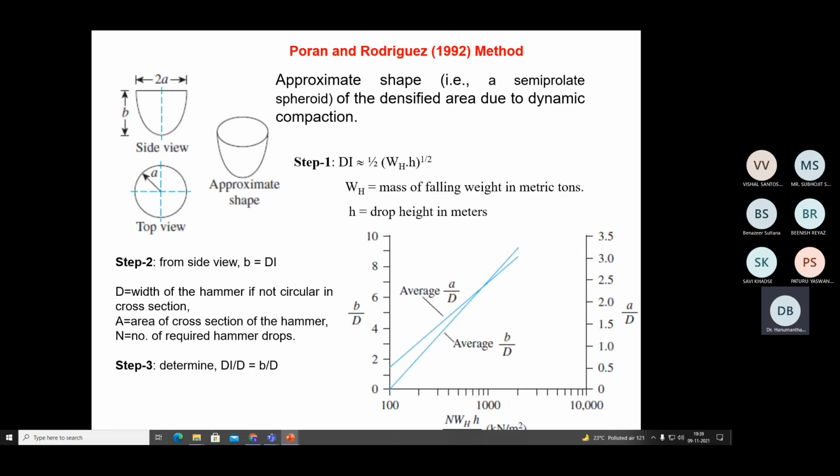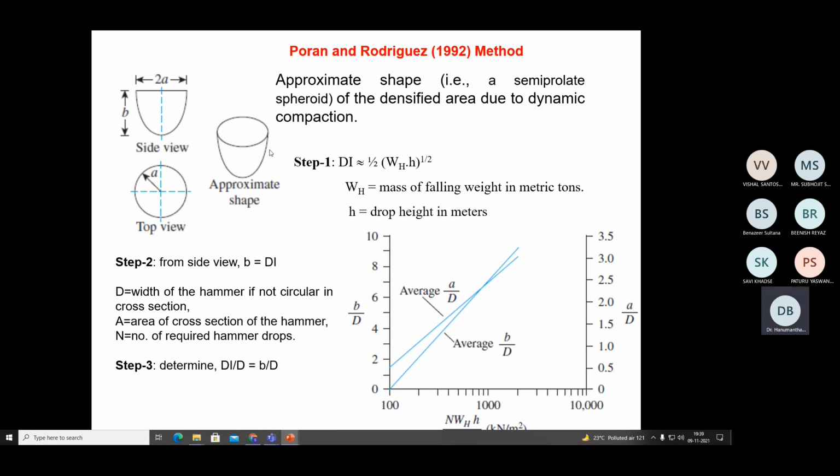When I looked into the literature, I found there are two design methods available. The first one is proposed by Poran and Rodriguez. There is another method, which is a very simple method. First, let me present this one. Poran and Rodriguez assumed the improved zone to be a semi-prolate spheroid as shown here.